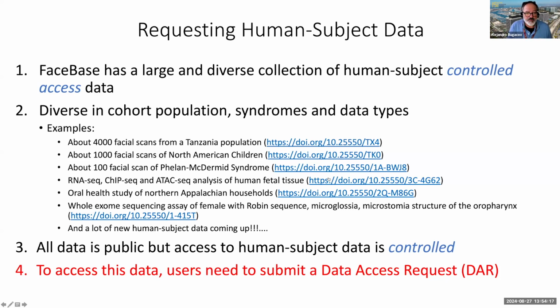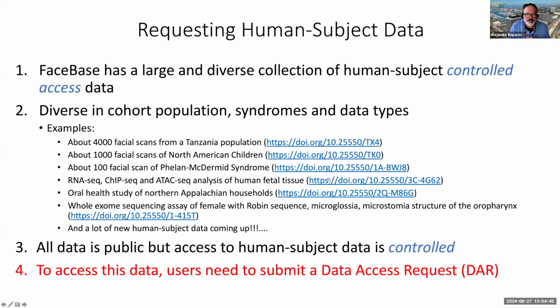Anyways, we have another set that has about 1,000 scans from North American children. We have a data set from a cohort that focuses on the Phelan-McDermid syndrome. We have many data sets that have RNA-seq, ChIP-seq, ATAC-seq analysis of human fetal tissue and also a few other ones.